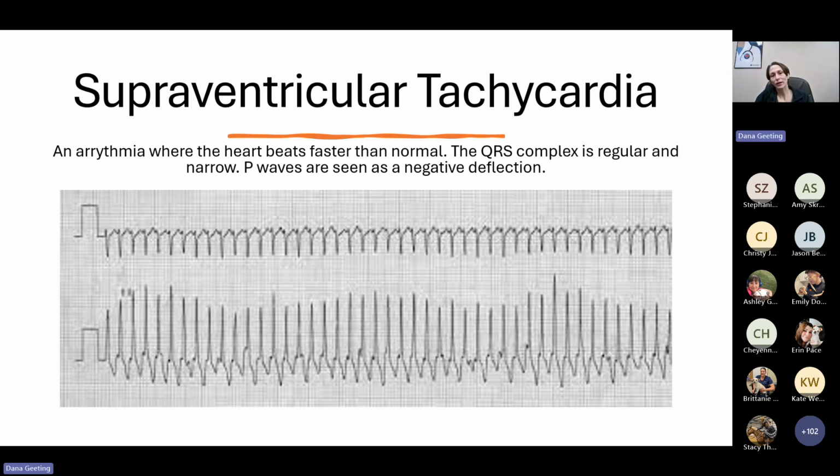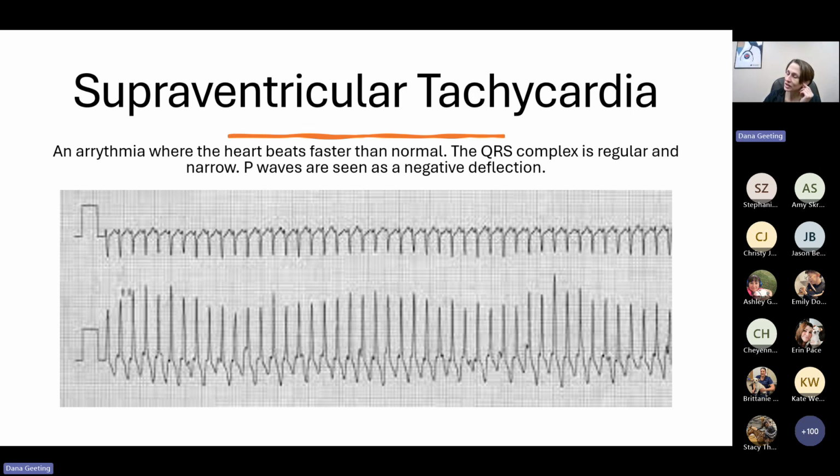And then we have supraventricular tachycardia, or SVT. This is an arrhythmia where the heart beats faster than normal. The QRS complex is regular and narrow, and your P waves are there, but a lot of times they are inverted, which would mean the blip would be going down and not up.